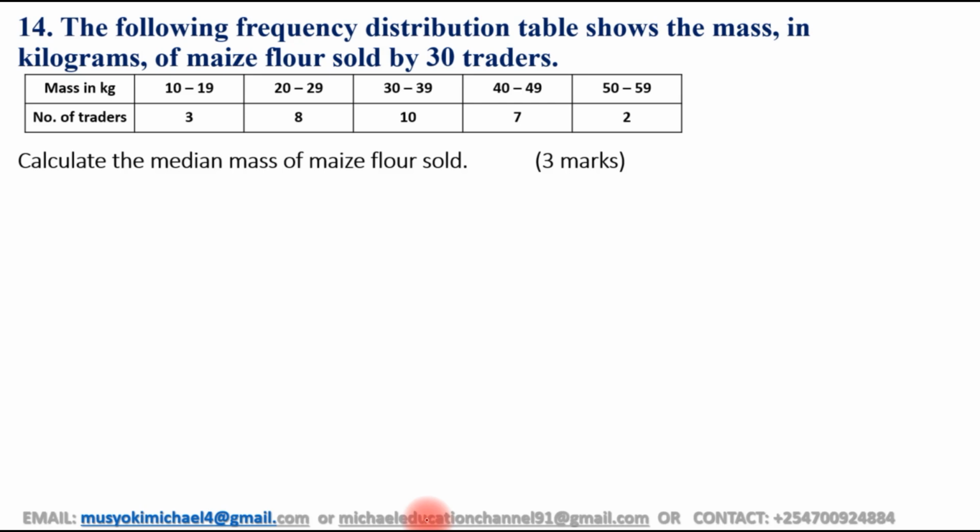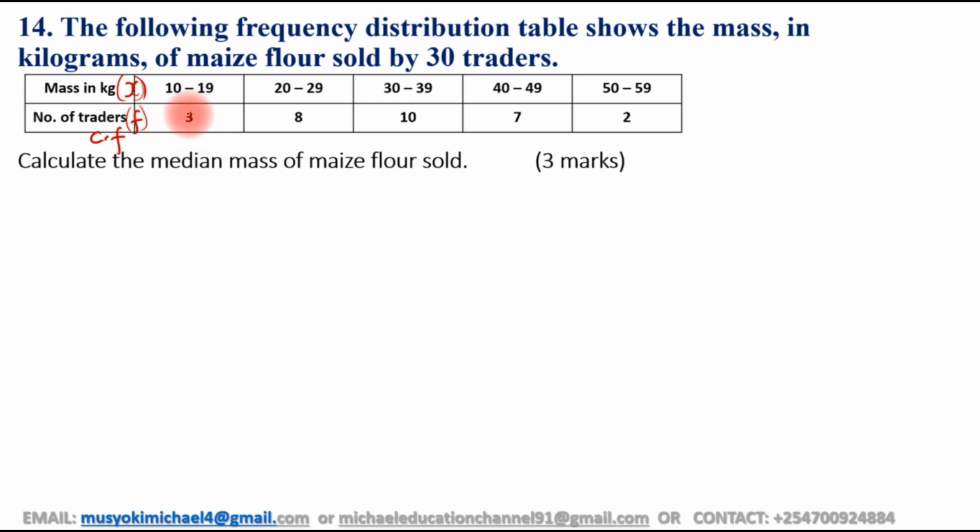Since we need to calculate the median mass of the maize flour sold, we need to have a column for cumulative frequency. In our case, the mass in kg is what will represent x, and the number of traders is the frequency.